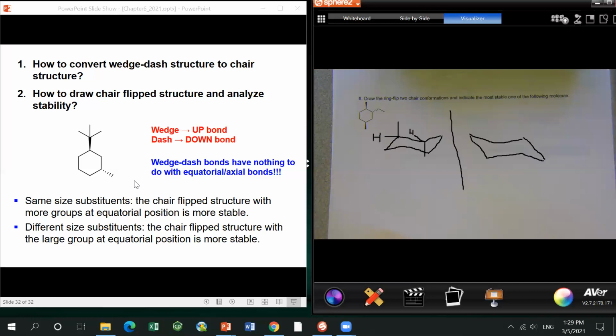All right, that's hydrogen with ethyl going down, that's right. And this one going up, so that's pretty much right.